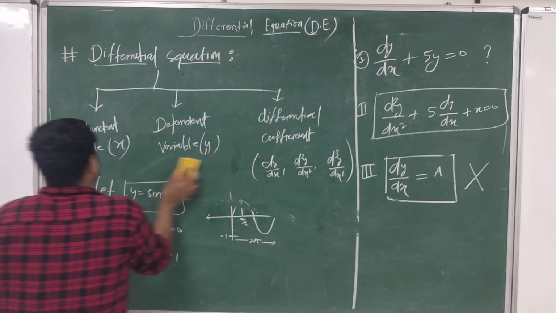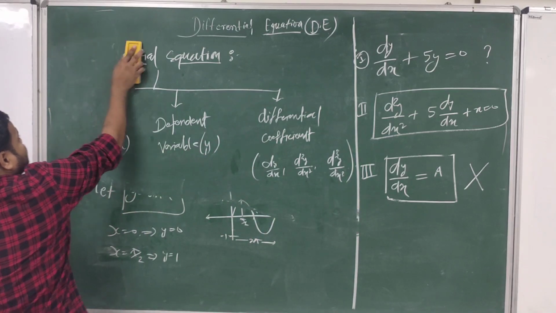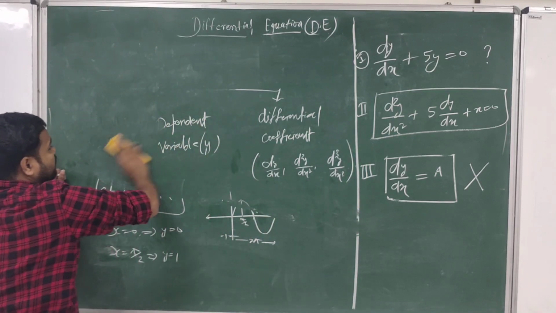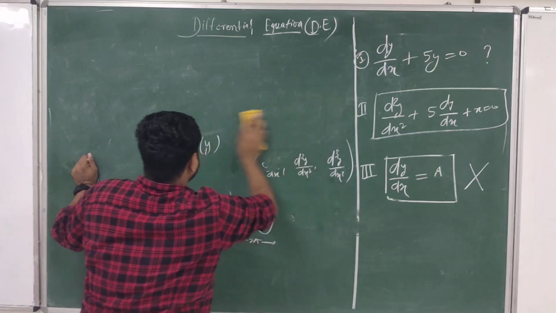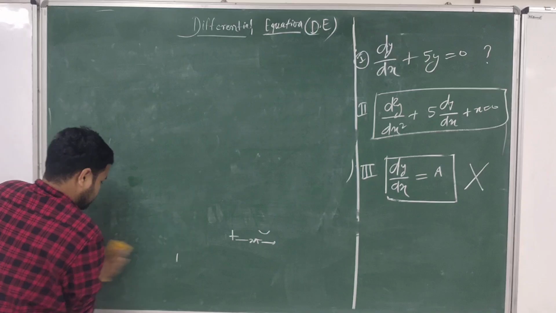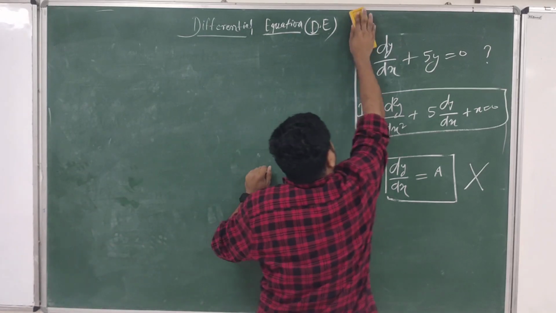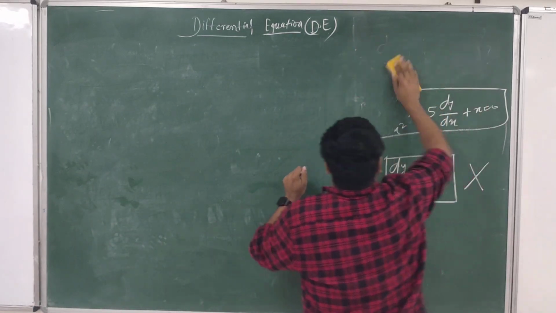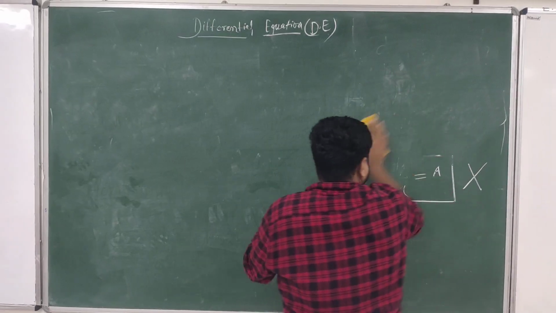Okay, let's define two most important terms in a differential equation: one is the order of the differential equation, and the second is the degree of the differential equation.